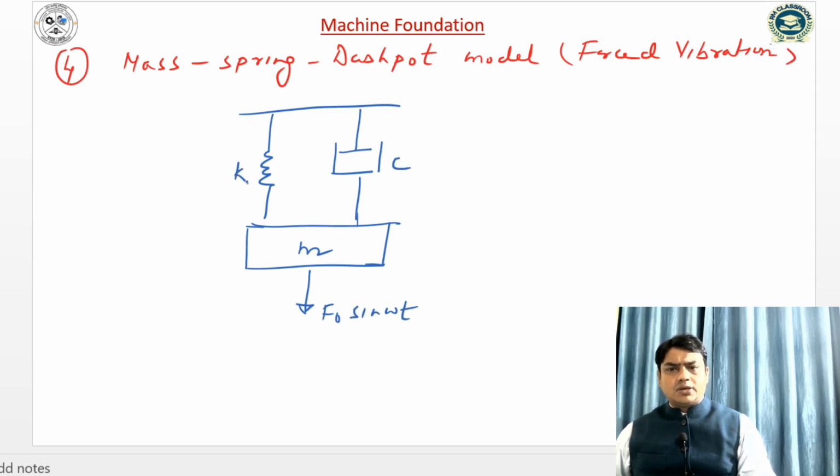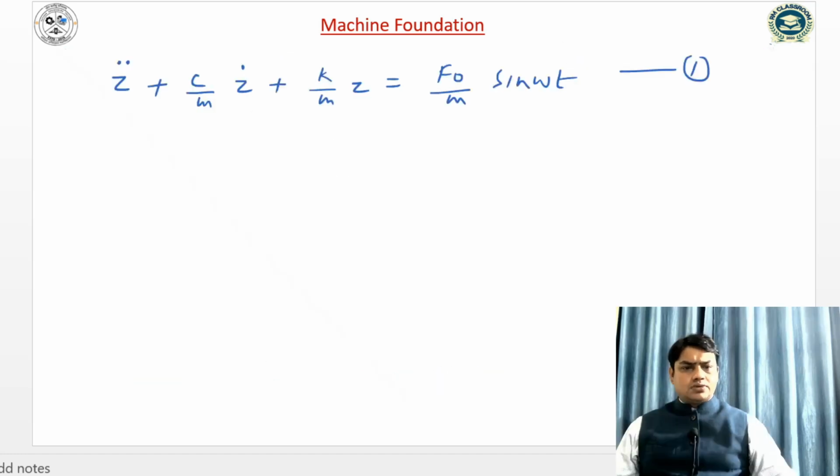So if I write the equation, it will be m z double dot plus c into z dot plus k into z is equal to F naught sine omega t. So it can also be written as z double dot plus c by m into z dot plus k by m into z is equal to F naught by m sine omega t.